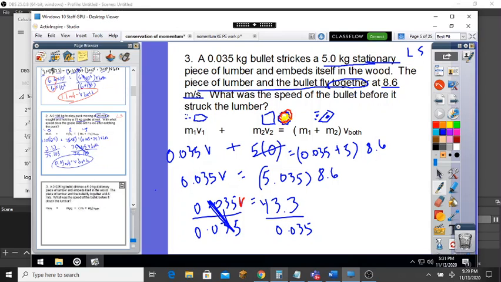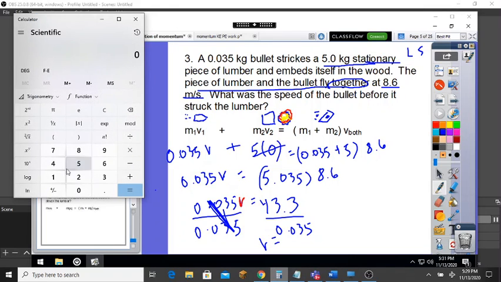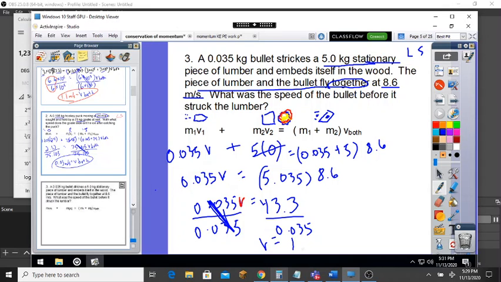This cancels and we're left with V equals 43.3 divided by 0.035, and that gives me 1237. Okay. Does that make sense? Yes, it should, right? I mean, the velocity of the bullet is really fast. This is 1,000. It's not a period. It's a comma. So 1,237 meters per second.